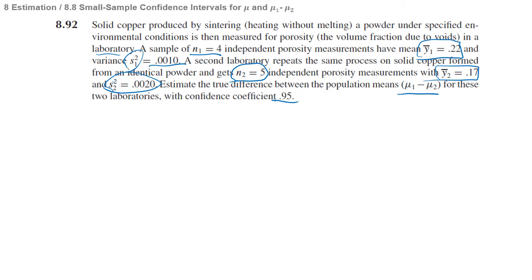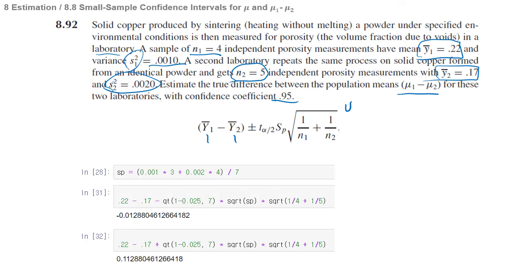So we all know the formula. We should use this formula, and then it's just how we can calculate each component. And actually, it would be easier to use R. So for the pooled Sp square, using the formula, you can calculate it like this.